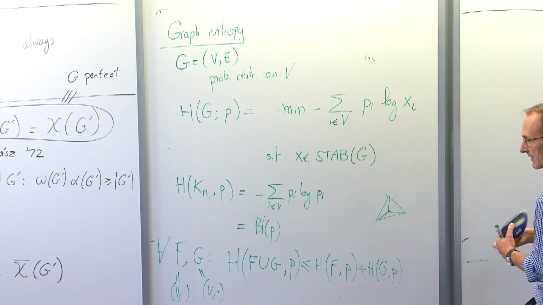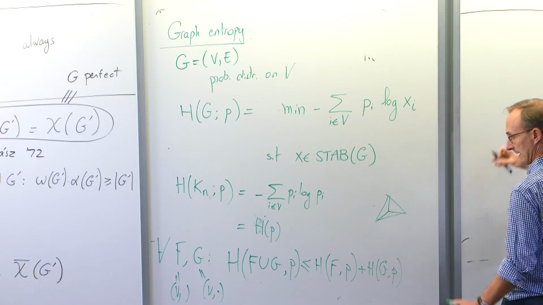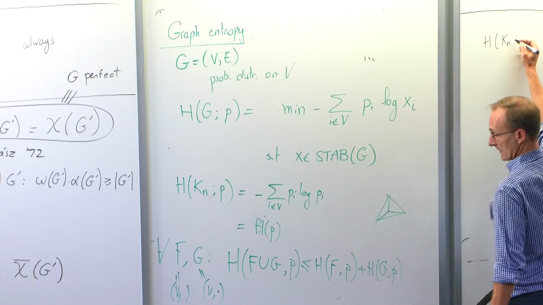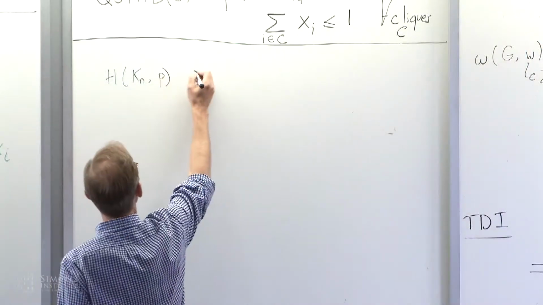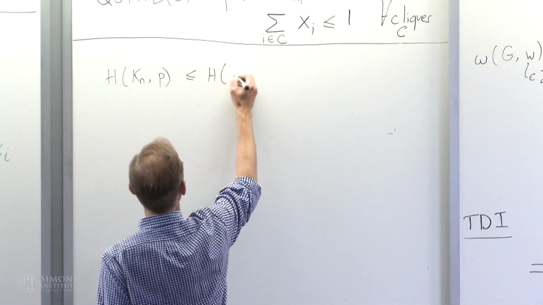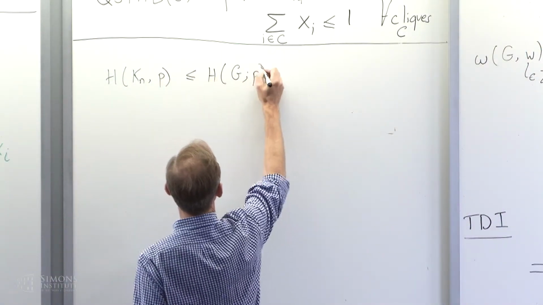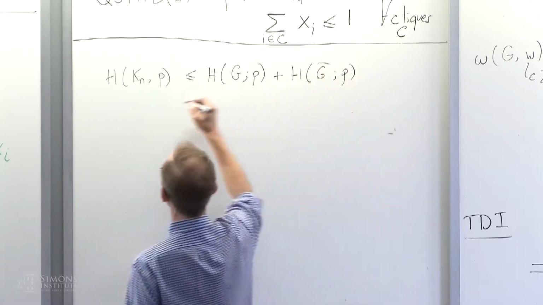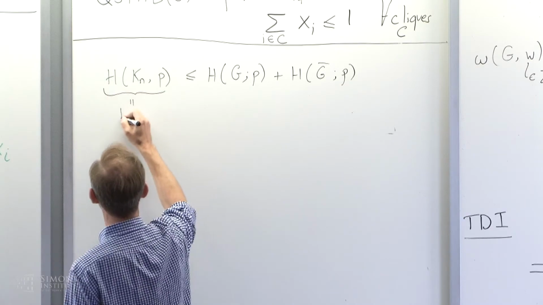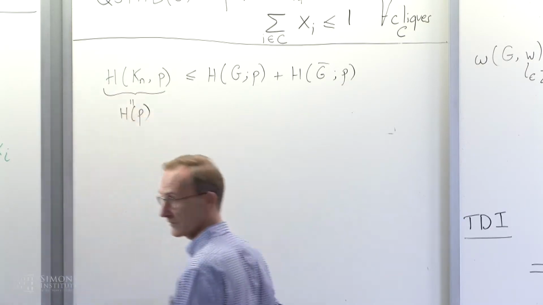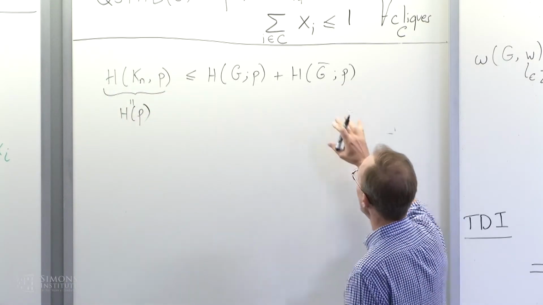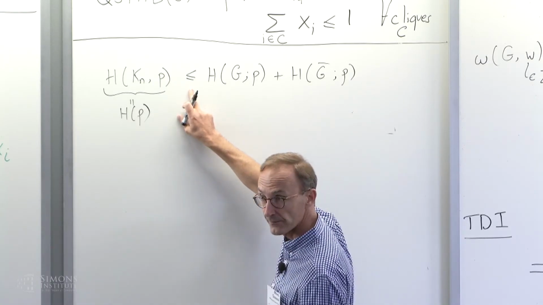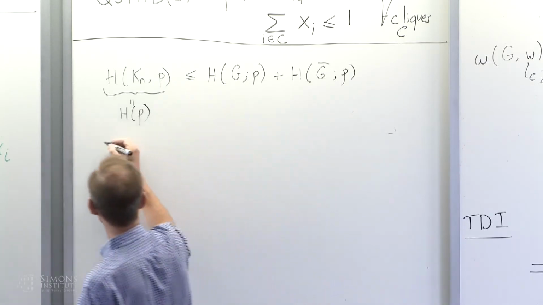For a graph and its complement, I get that H of K_n of P is at most H of G of P plus H of the complement of G of P. And as I said, we know what this is: it's the Shannon entropy of P. And so you can ask, when do I have equality?